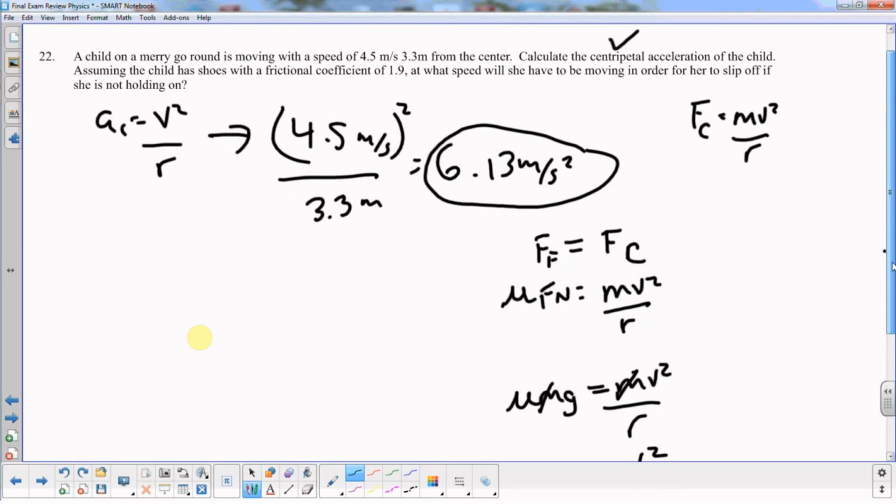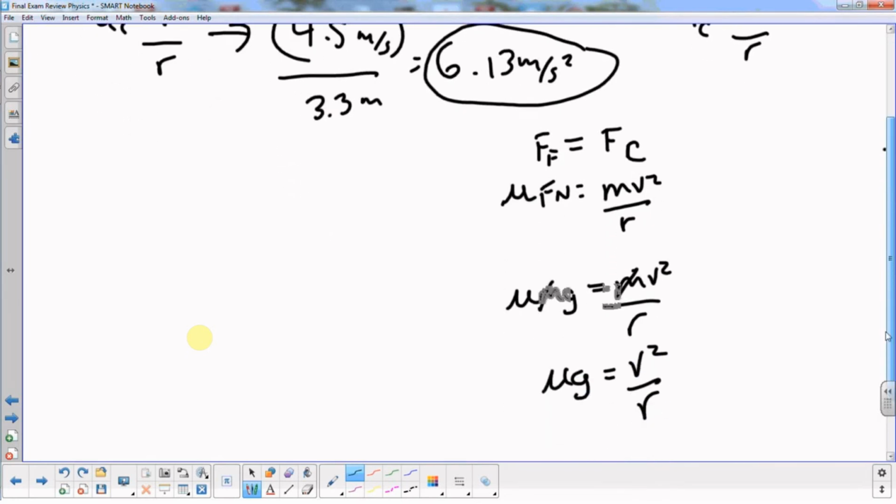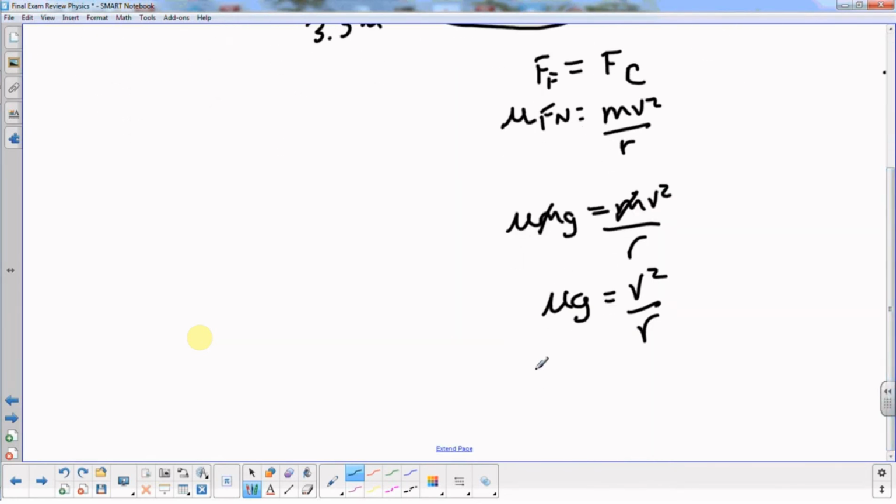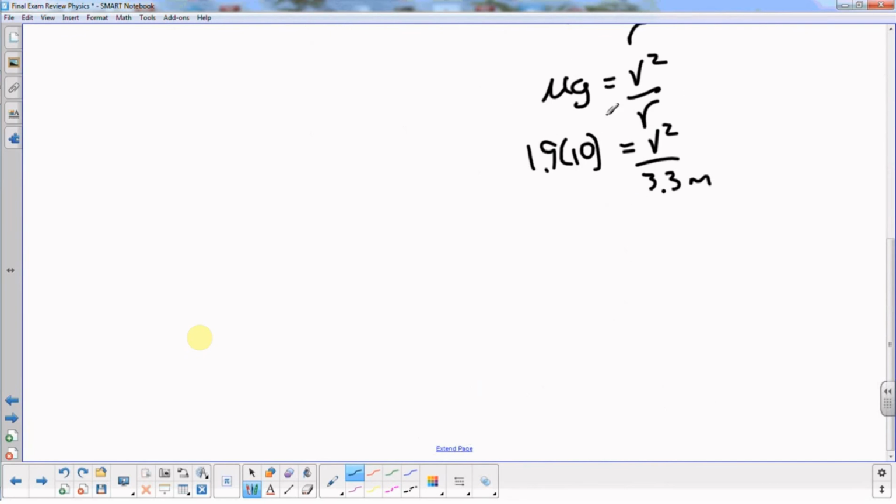So mu 1.9 times 10 for g equals v squared over, what was my radius? 3.3 meters. So 19 equals v squared over 3.3. Multiply both sides by 3.3.